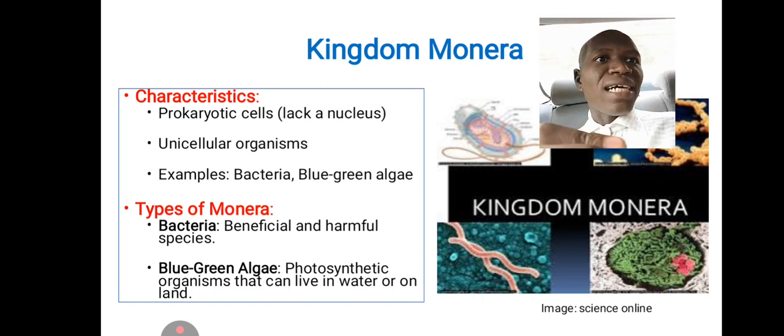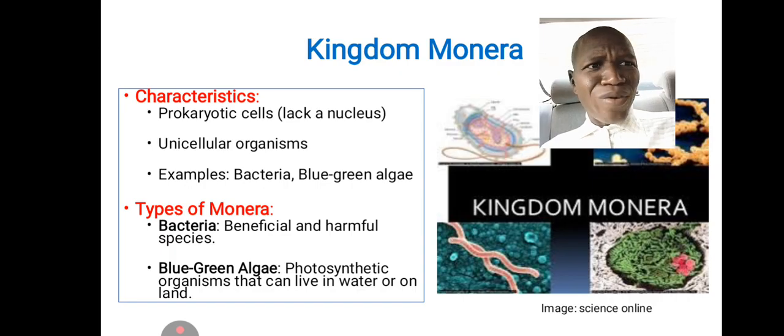All right, so what are the characteristics of the kingdom Monera? Yes. The first one is that they have no nucleus. They don't have a well-defined nucleus. This is one of their characteristics that you should never forget.